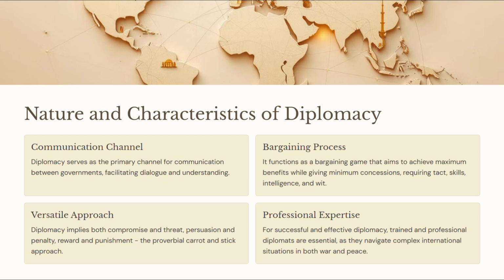It could be conducted through persuasion or attraction, through penalty, which is a type of threat, and through reward and punishment. The well-known adage of carrot and stick: carrot refers to reward and stick refers to punishment. The proverbial carrot and stick approach, that is, reward and punishment. So it involves a versatile approach.